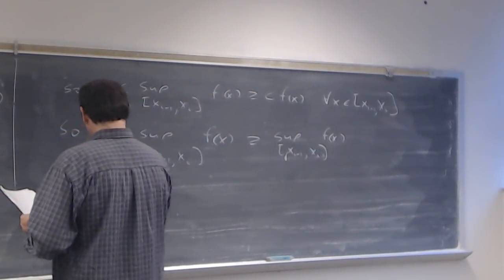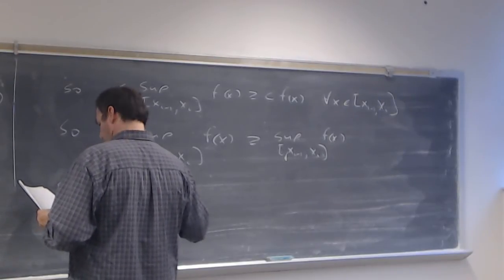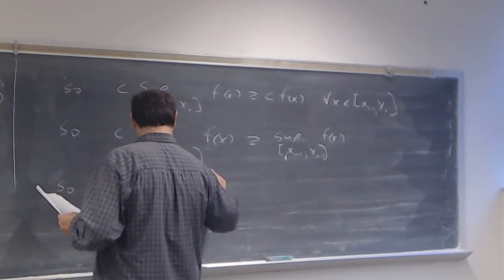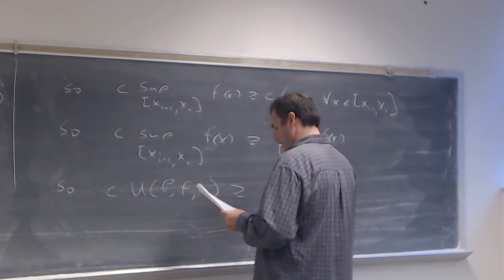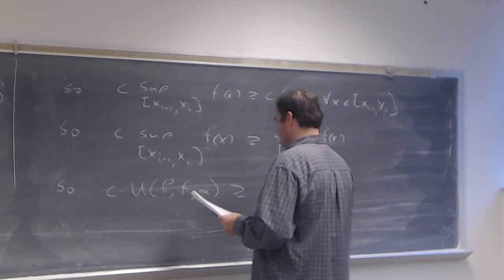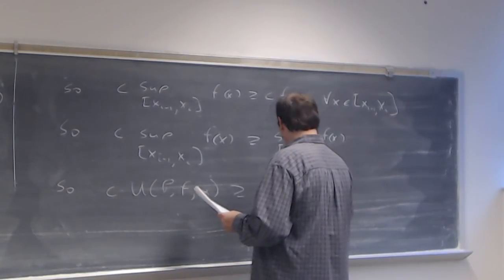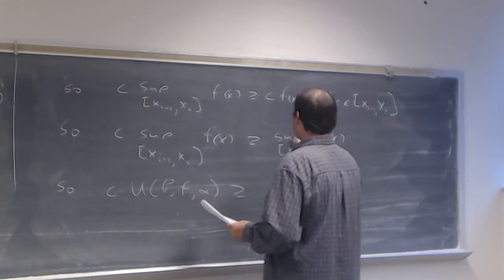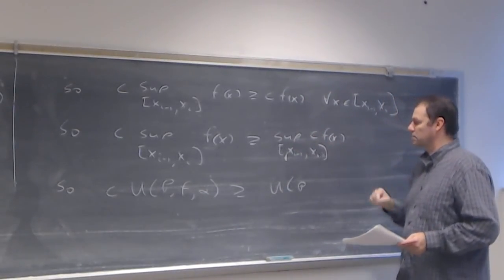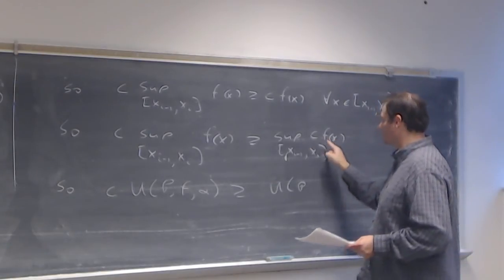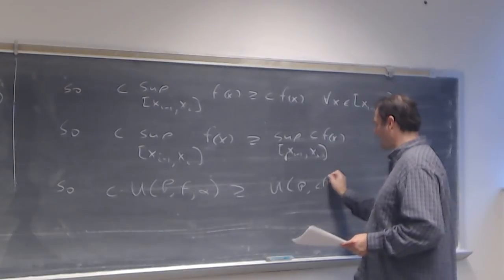So this says c times the upper sum with the partition P, of f and alpha, is going to be greater than the upper sum with the partition. I forgot something here. I made a mistake. I should have had a c here. So this right here has to do with the upper sums with the partition of c f.